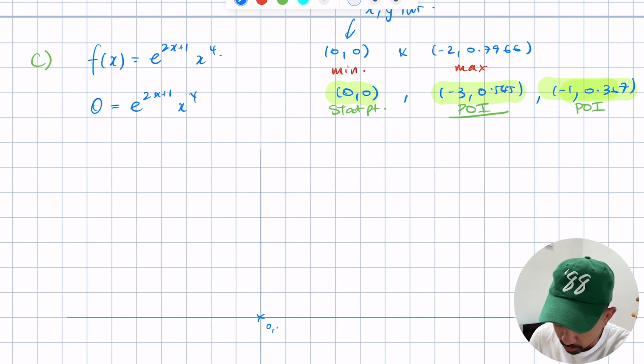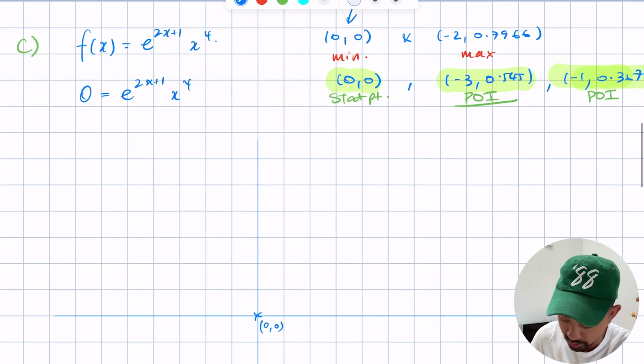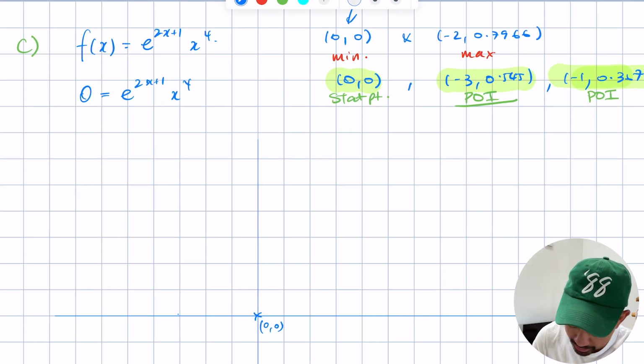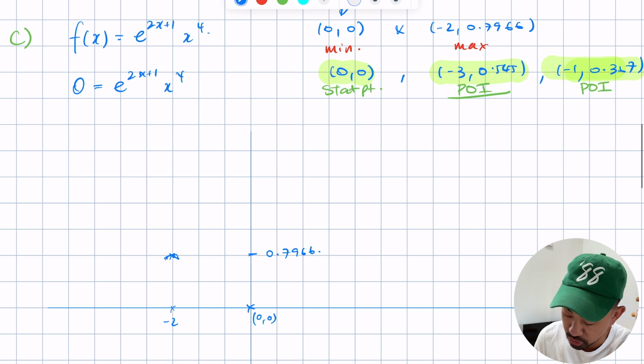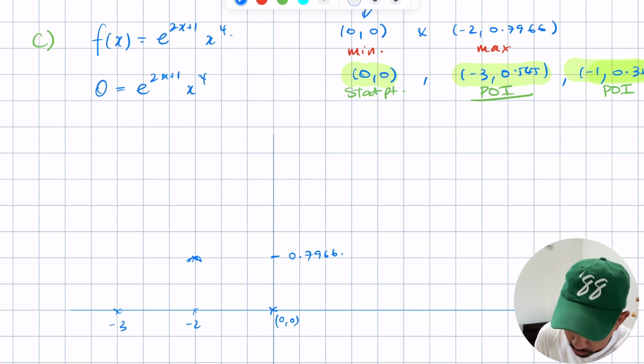So let's whip up a graph. I'm putting 0, 0 here. Now obviously this is not going to be to scale. So I've got minus 2 and 0.70, so somewhere positive here. So let's call that 0.7966. I know this is a max. Okay, and then what else do I know? I know that I've got a point of inflection at minus 3 and 0.545.